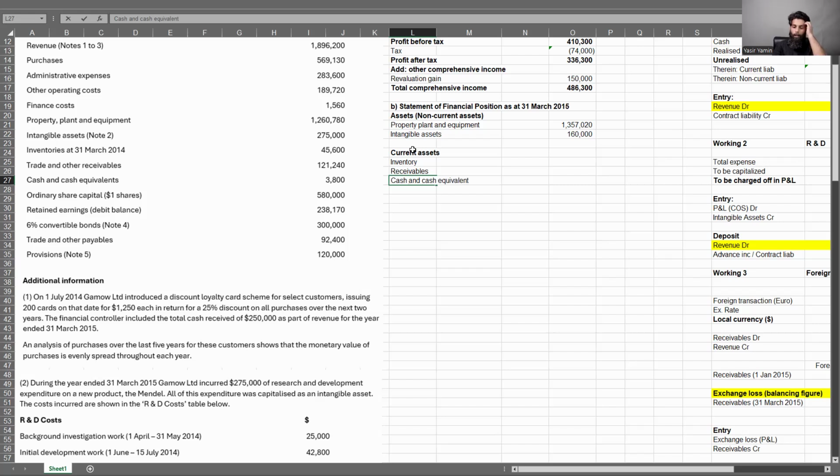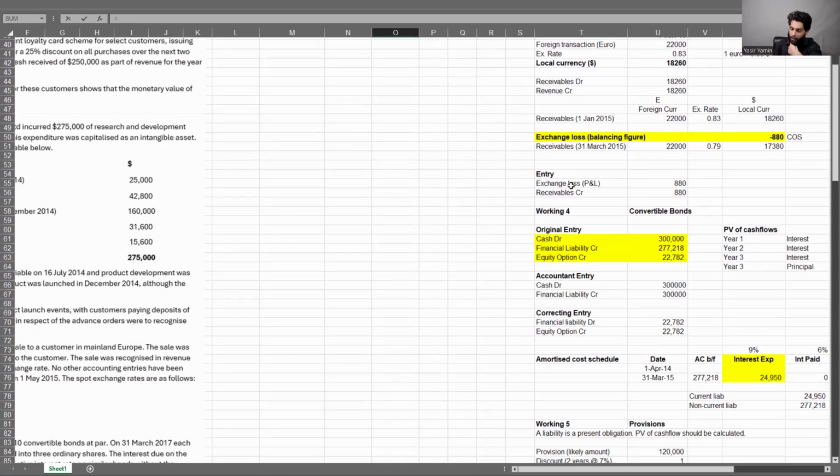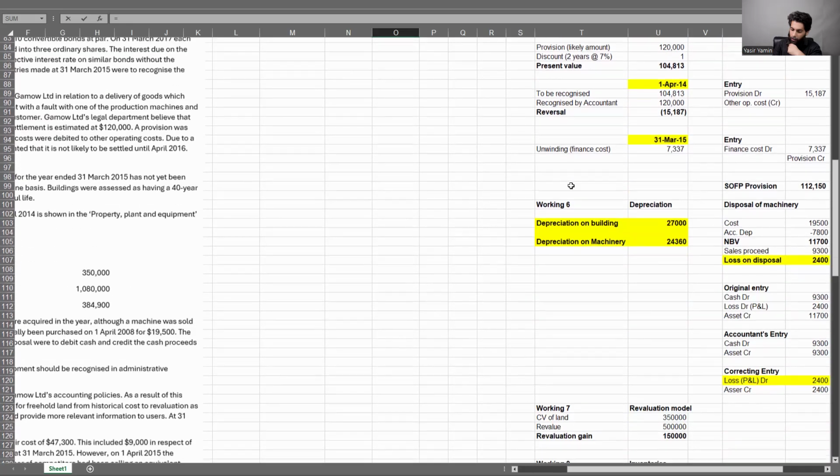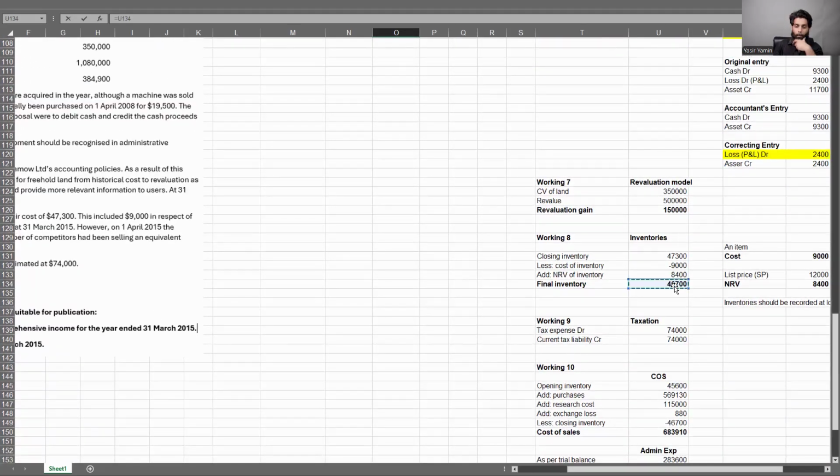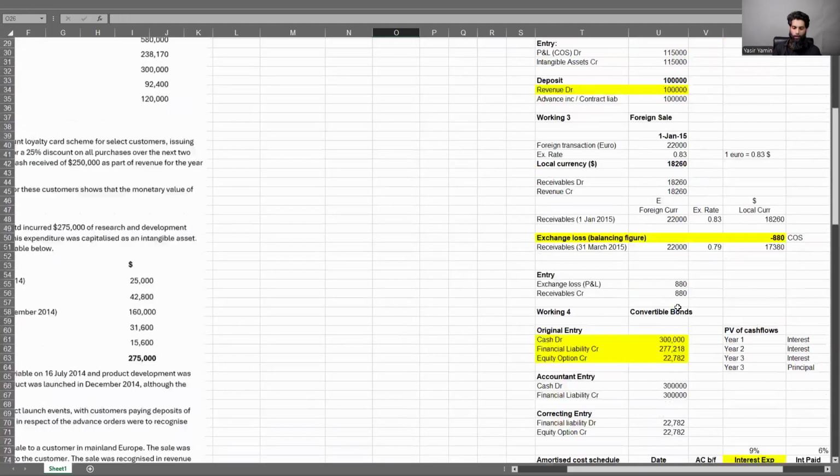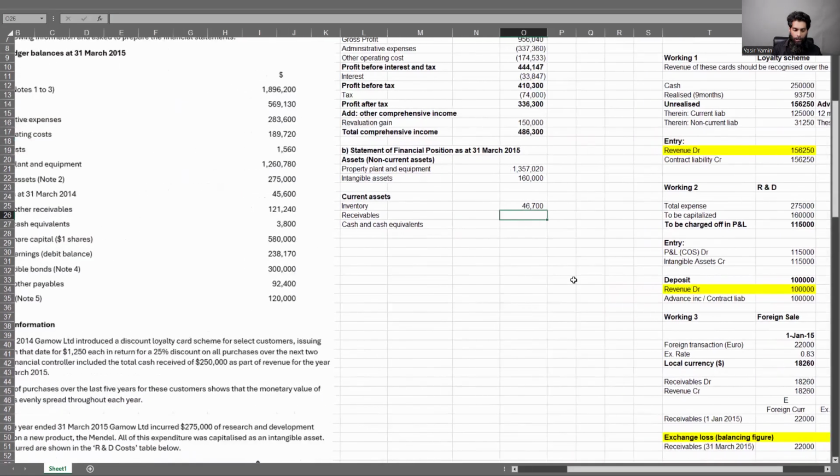Remember, we calculated our final figure of inventory, lower of cost or NRV. We calculated final figure of our inventory of 46,700, after making NRV adjustments and everything. We have our receivables ready-made, guys.